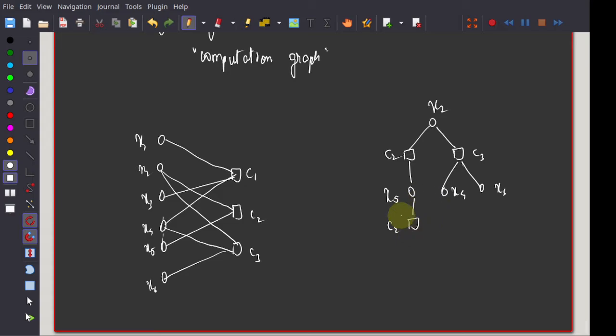But in fact, I should not be drawing a copy because the information that it gets from C2 is useless, because what it is getting is from x2 itself. So in the computation graph, you don't repeat vertices.